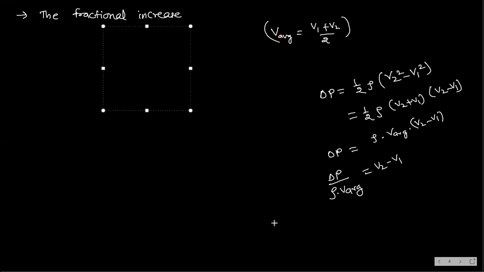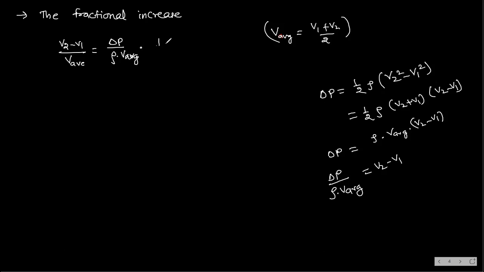You just substitute delta P by rho into V average, and this 1 by V average again here. So you are getting delta P divided by rho into V average whole square, and that is the fractional increase.